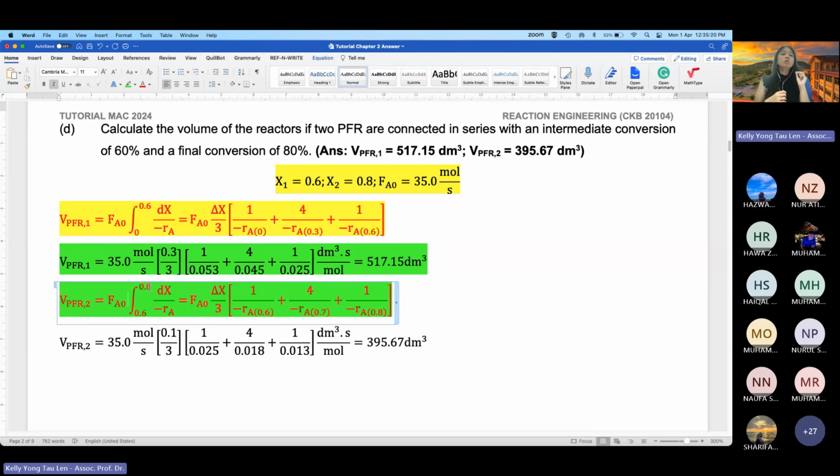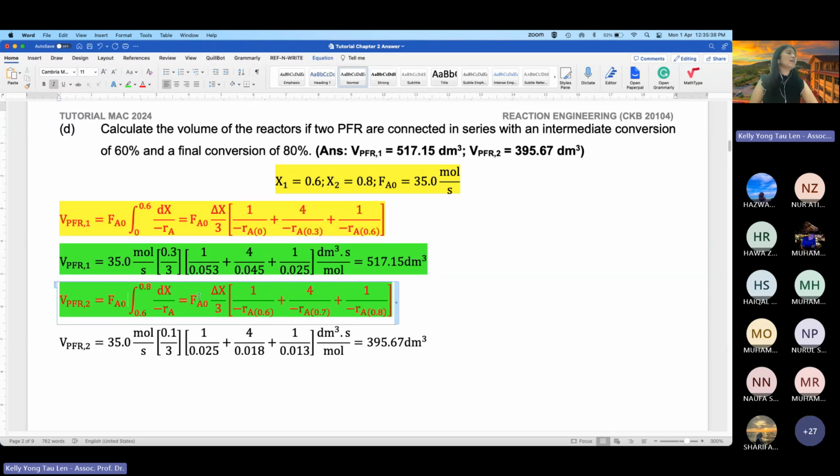Okay, so let's say you put the wrong bottom limit or the wrong upper limit, definitely your Simpson one-third rule will be wrong as well. So I highly encourage you to write down first the integration part so that you can already determine your bottom limit, your upper limit. Okay, then let us go to the Simpson one-third rule formula.